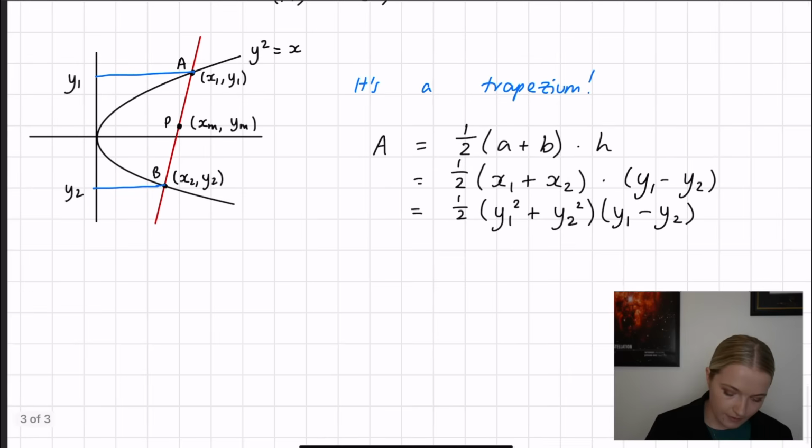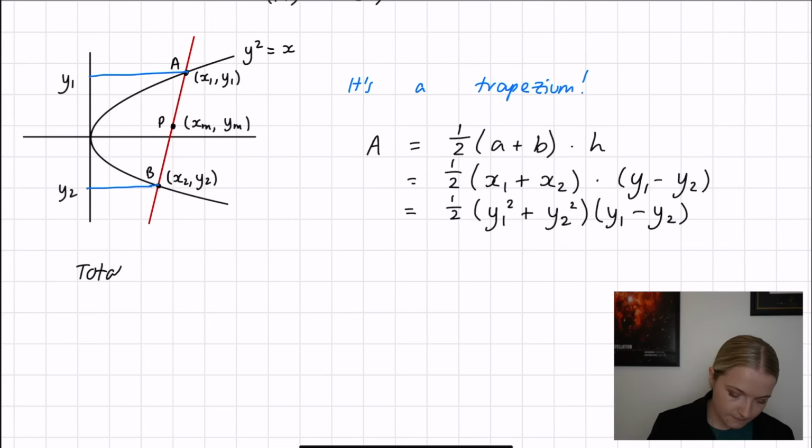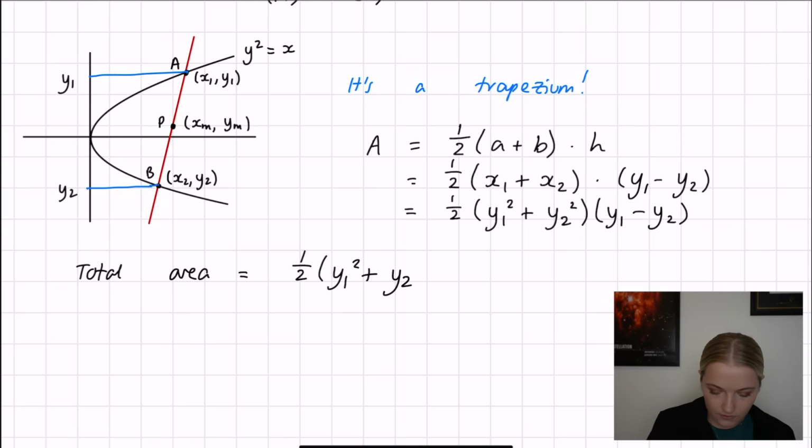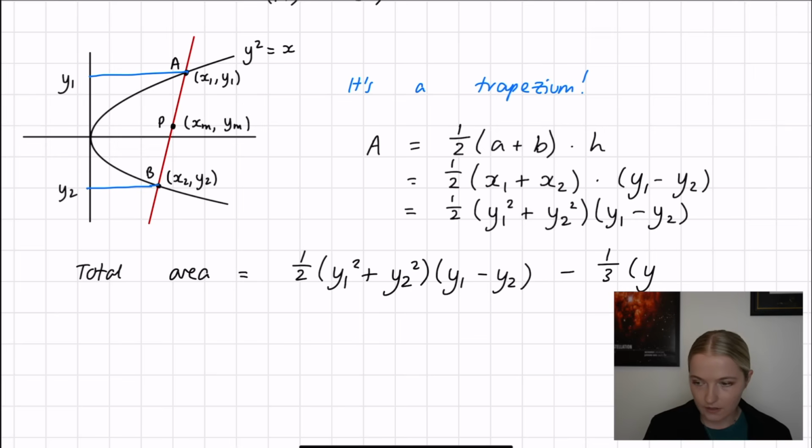And so the total area is just going to equal a half of y1 squared plus y2 squared, multiplied by y1 minus y2, minus the integral of the parabola, which is a third of y1 cubed minus y2 cubed.